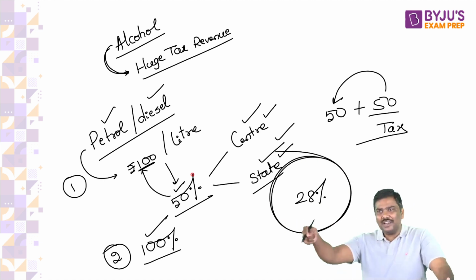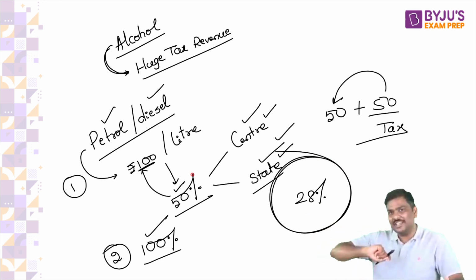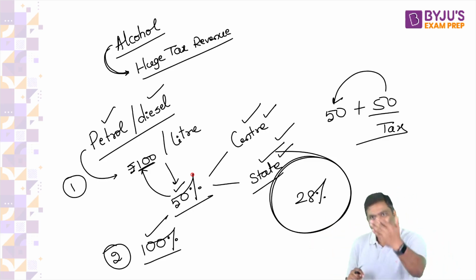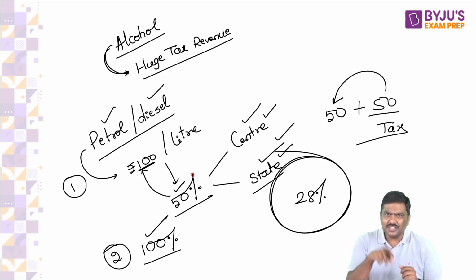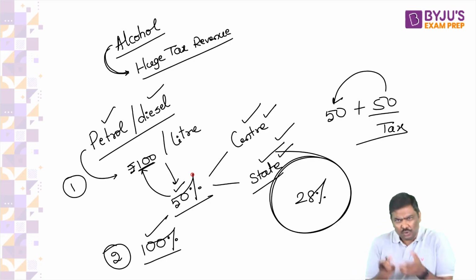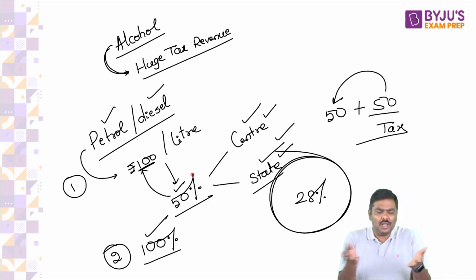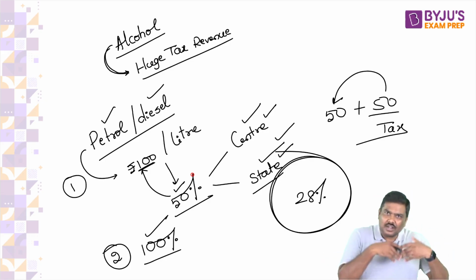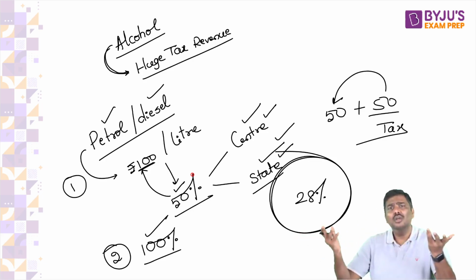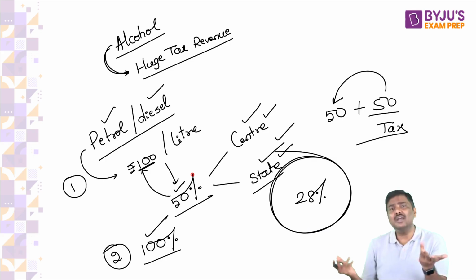And in the future, if you want to change the GST rate, you will require GST Council approval. Today, do you require GST Council approval to change taxes on petrol and diesel, for both the center and the state? Absolutely not. You do not require GST Council approval.